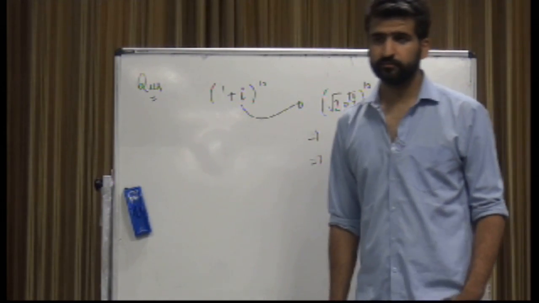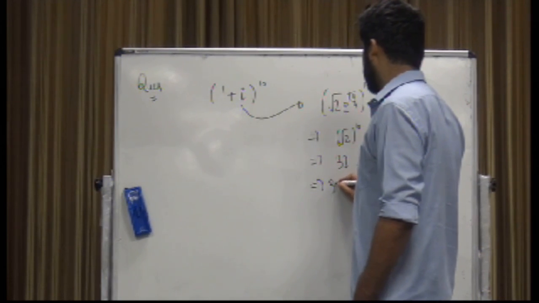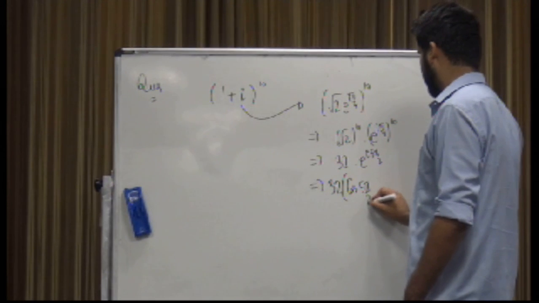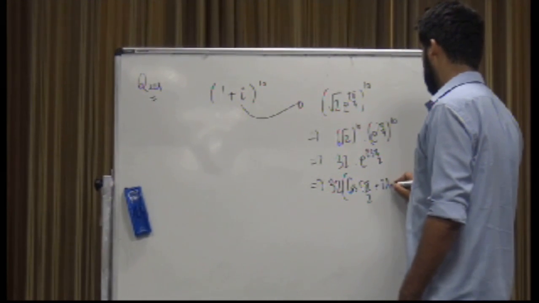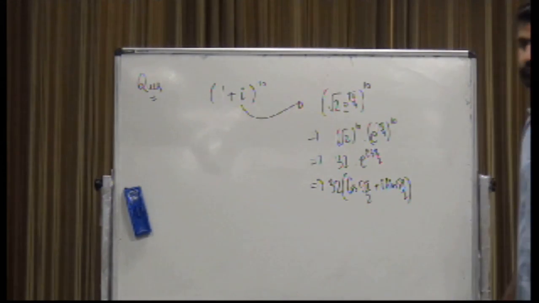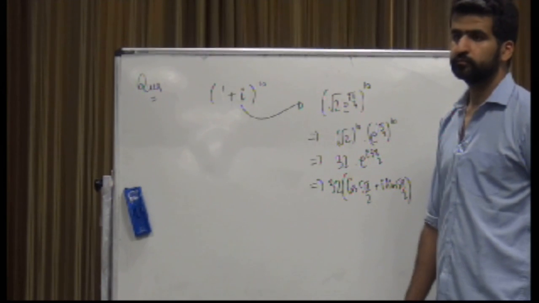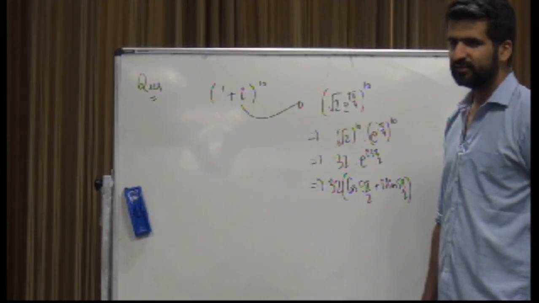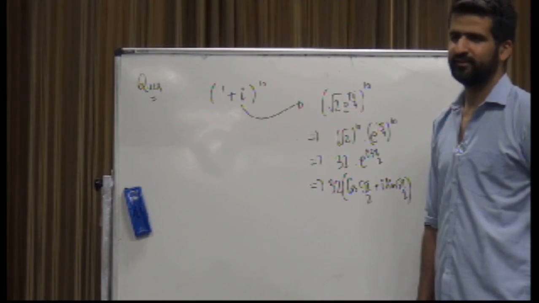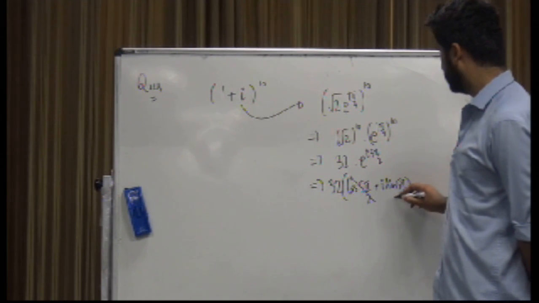What is the answer? Is this the answer? You can write this as 32 cos 5 pi by 2 plus iota sin 5 pi by 2. Okay. What is cos 5 pi by 2? What is cos pi by 2 then? 0. So cos 5 pi by 2 will be 0 and sin will be 1.